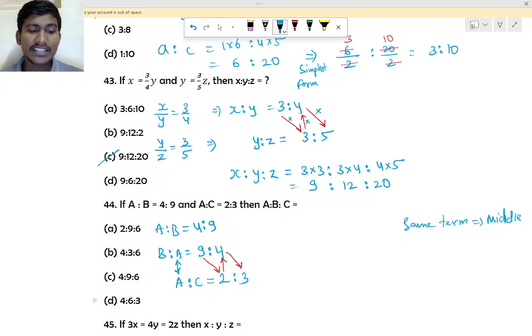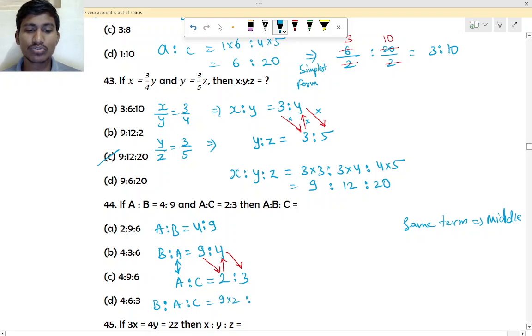So here answer B is to A is to C will be how much now? Yes, 9 into 2 is to 2 into 4 is to 4 into 3. So answer will be how much here? 9 2 is 18.